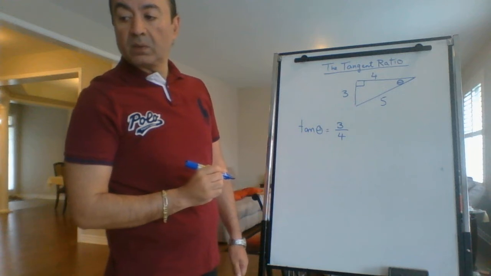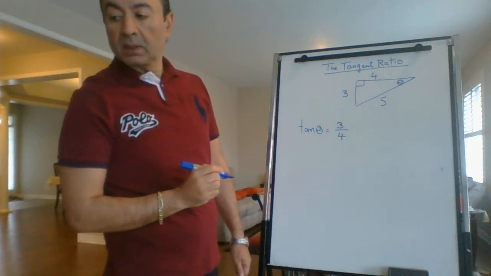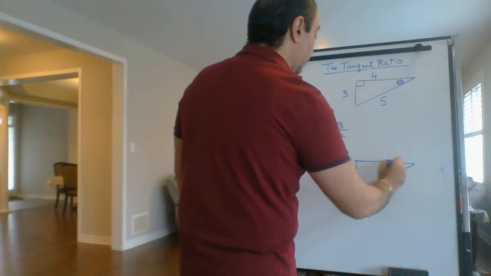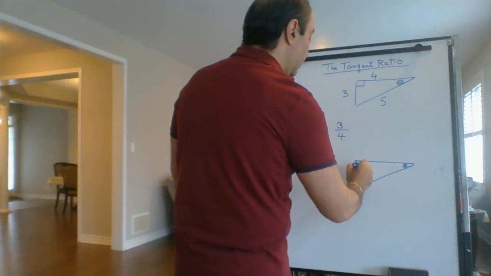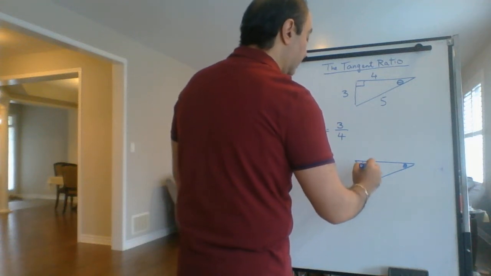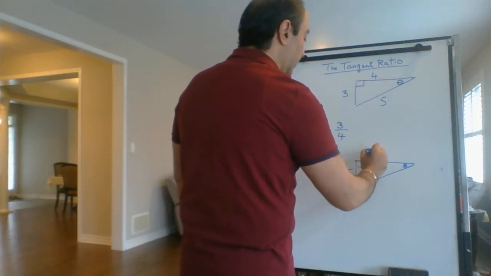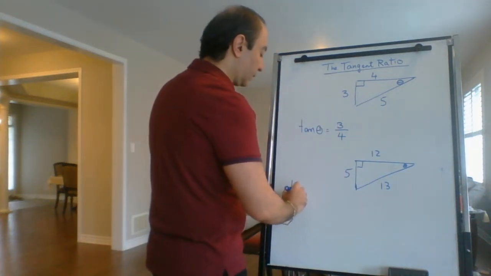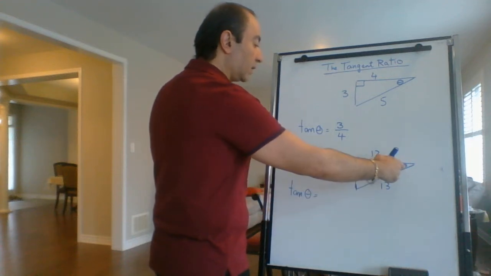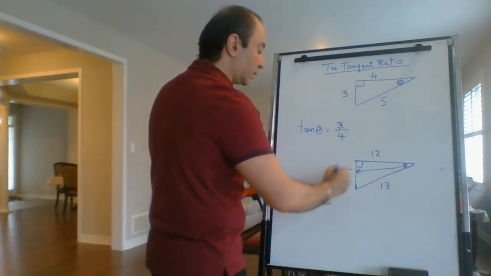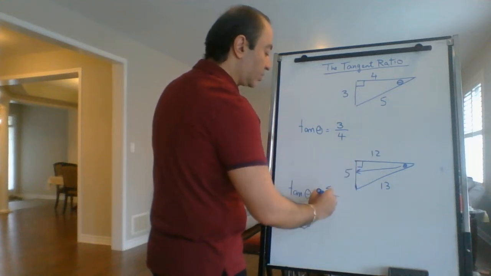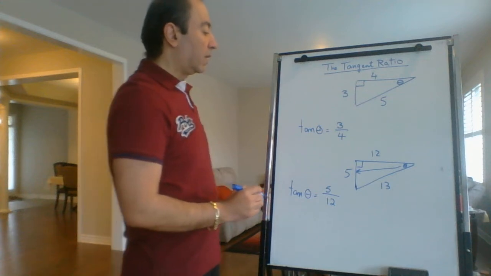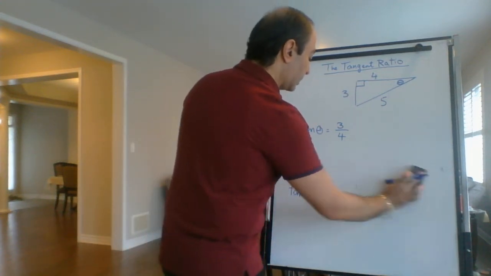Now let's say we have the angle theta, and this only works if we have a right triangle, and the sides are 5, 12, and 13. Tan theta will be the opposite to theta over the adjacent, which is 12. No matter how the triangle looks.